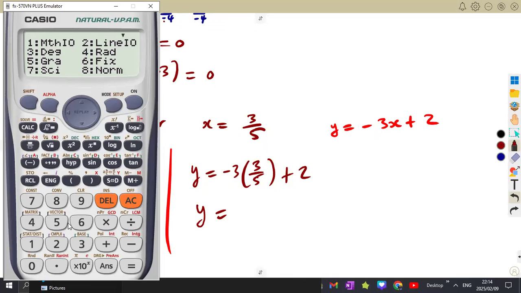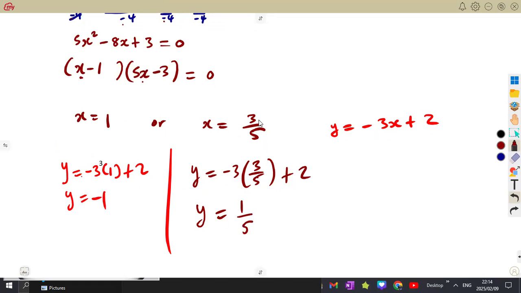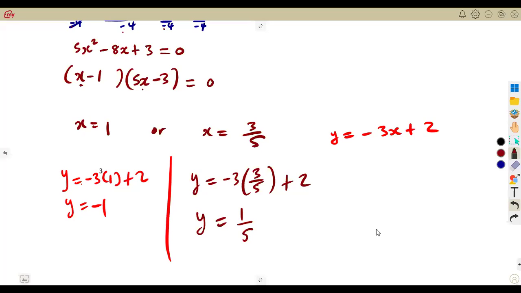Negative 3 into 3 over 5, plus 2. So that's 1 over 5. So y is equal to 1 over 5, and our x being 3 over 5.